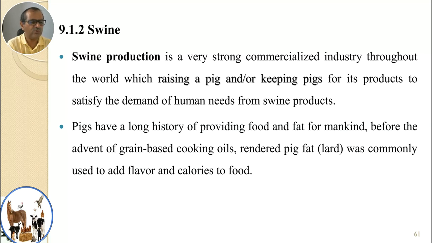And they are very good meat producers, and pigs have a very wide scope for being reared for human food. So pigs have a long history of providing food and fat, especially what is called the lard. Therefore, with the advent of grain-based cooking oils, pig fat, that's called lard, L-A-R-D, was commonly used to add flavor and calories to the food.